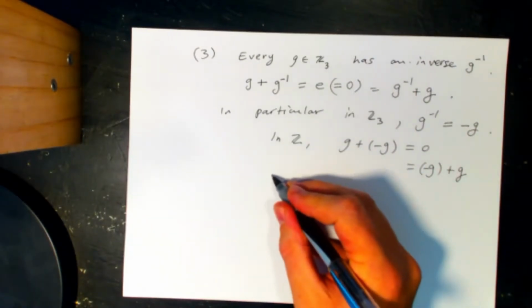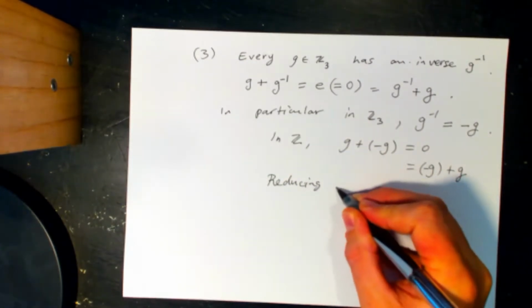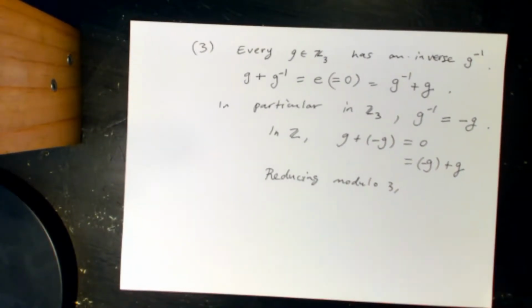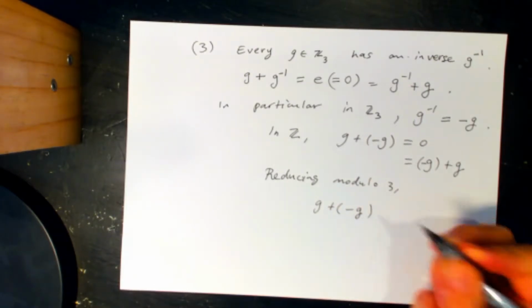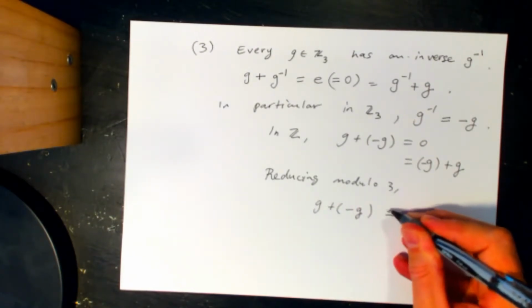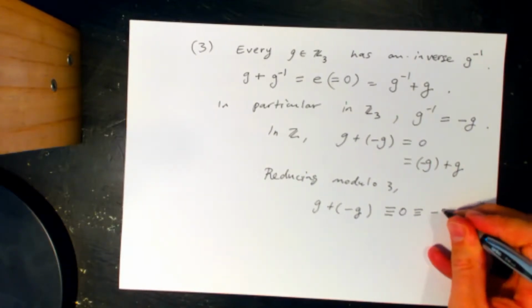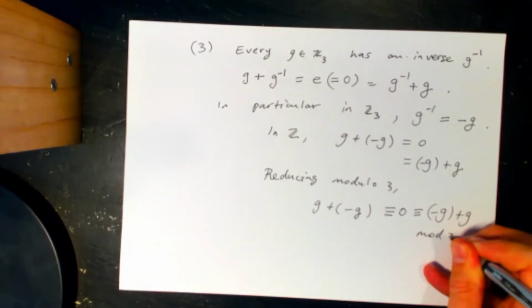Okay, so reducing modulo 3, we have g plus minus g is congruent to 0, which is congruent to minus g plus g modulo 3.